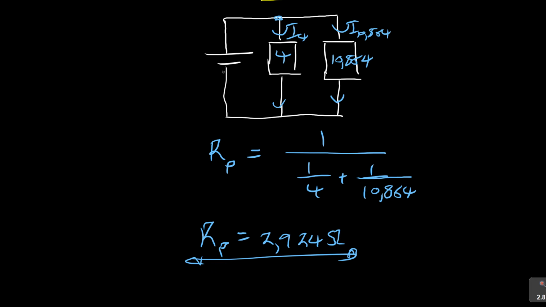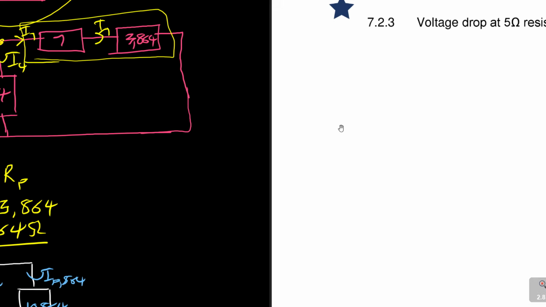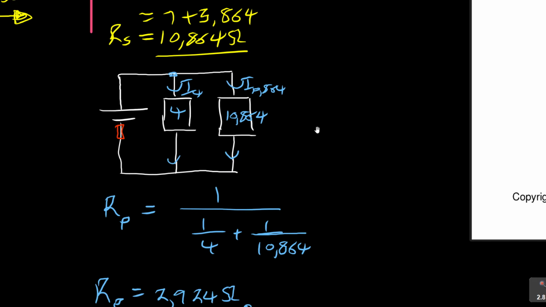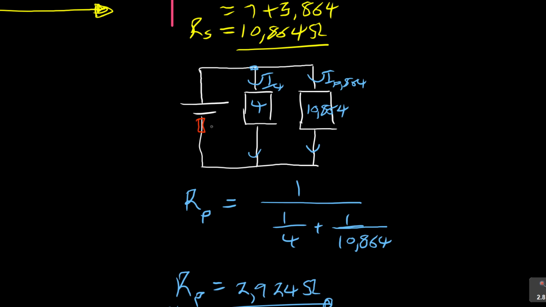Because they told us somewhere here there is an internal resistance. Let's go back to the question. There is an internal resistance, and did you pick it up? There it is. The small r there is 0.4 ohms. Very important. That's why you need to study this carefully. So there is a hidden 0.4 there.